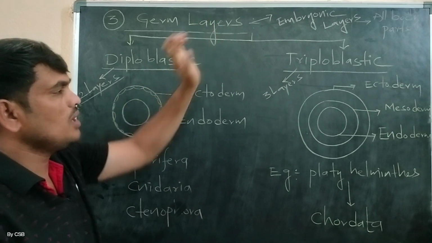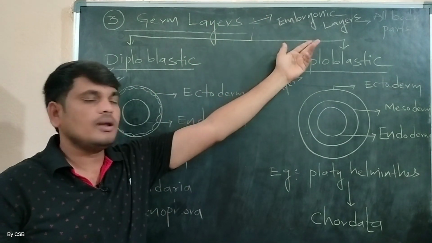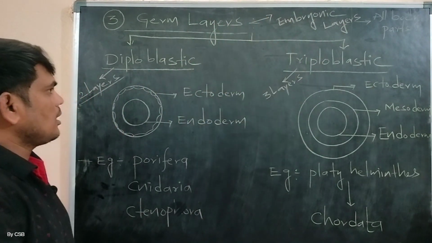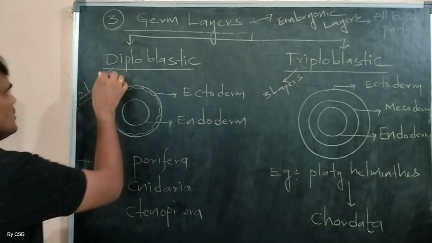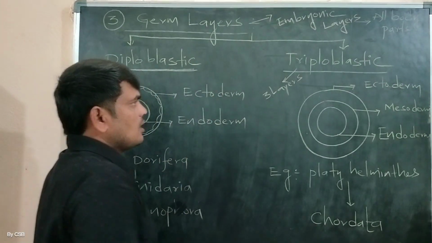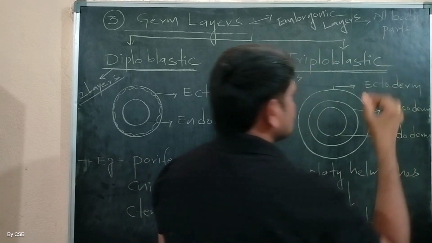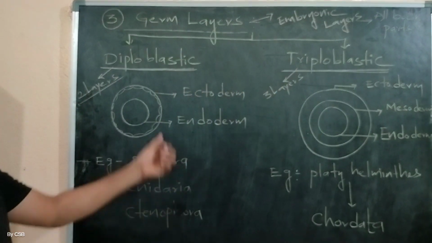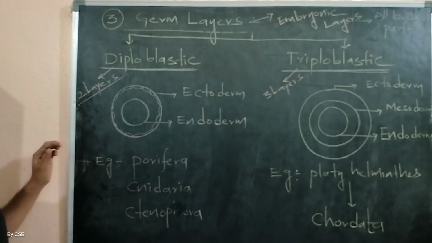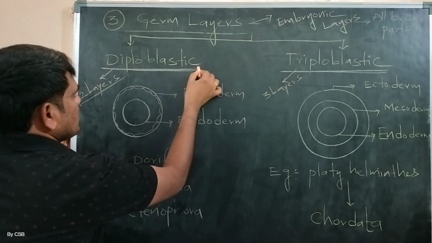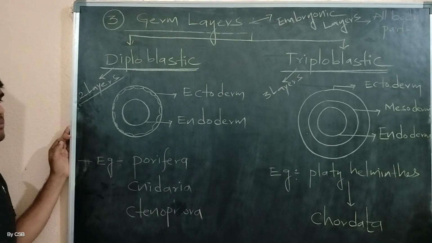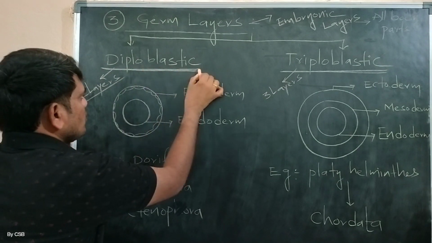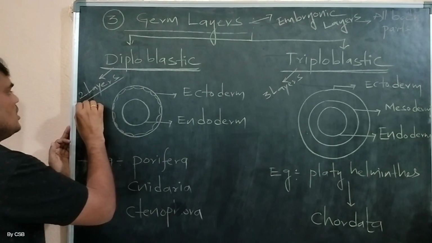Based on germ layers, based on embryonic layers, animals are of two kinds: diploblastic animals and triploblastic animals. What about diploblastic animals? Concentrate here. In diploblastic animals, at the embryonic stage, how many layers are present?